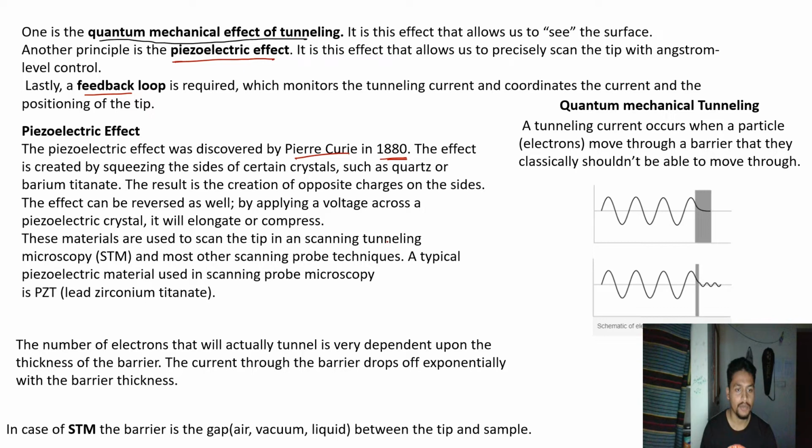Any kind of technique requires a tip or something like that, and that is normally a piezoelectric material. Lead zirconium titanate is an example that is used in scanning probe microscopes.